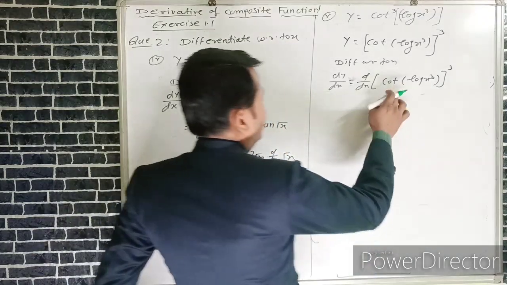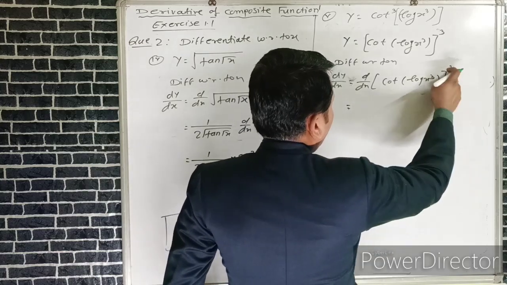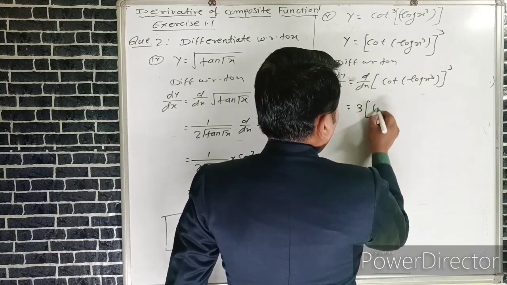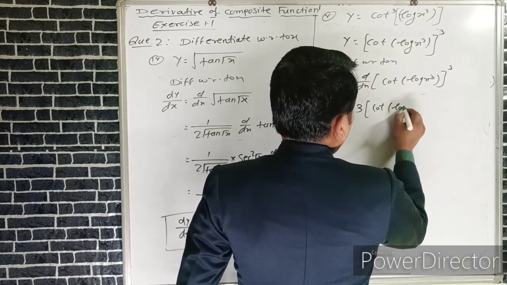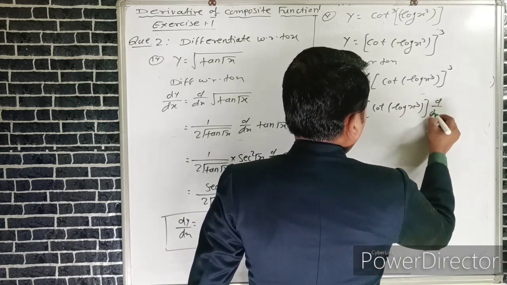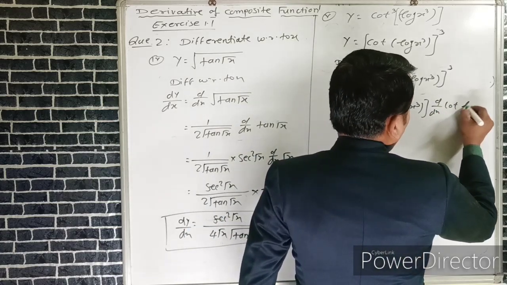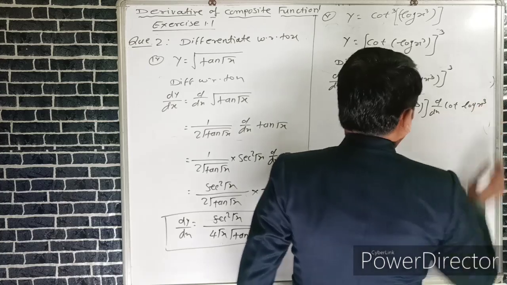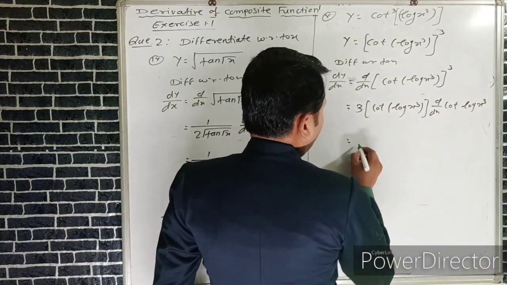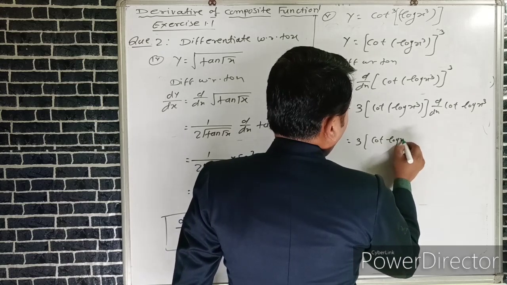Hence we can write it 3 into cot of log of x cube into again the derivative of cot of log of x cube. 3 into cot of log of x cube as it is.